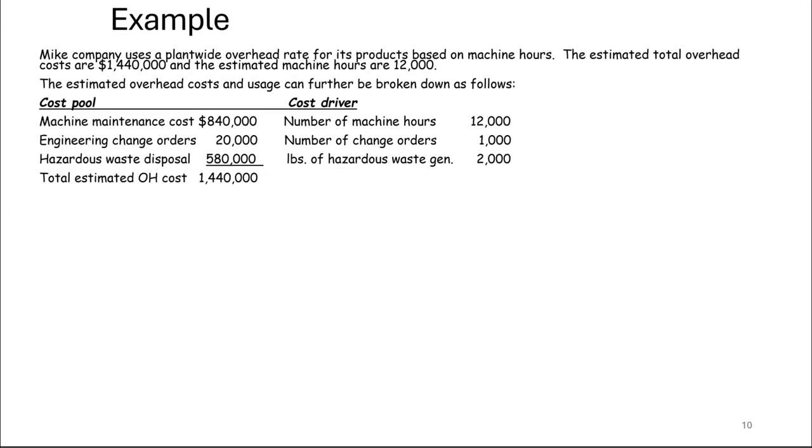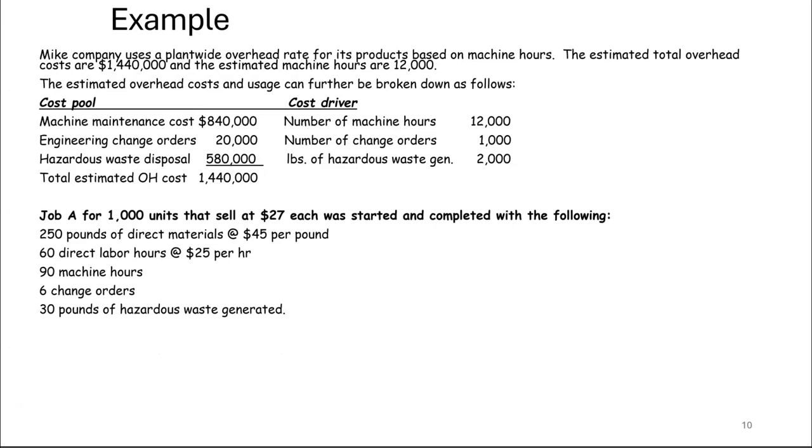So we have maintenance. Machine maintenance cost is going to be number of machine hours. Engineering change orders is going to be number of change orders. And hazardous waste disposal is going to be based on the pounds of hazardous waste generated. So now what we have here is the cost pools. You notice it equals our total overhead cost, which it should. But we're going to allocate it based on 3 cost drivers, which is a good number. Again, you don't want too many because then it gets too complicated.